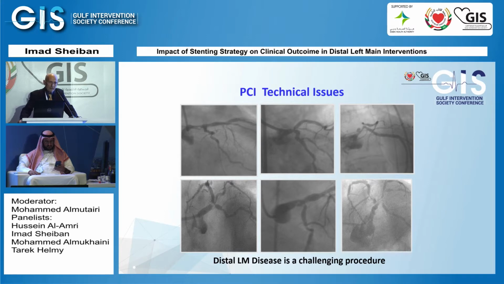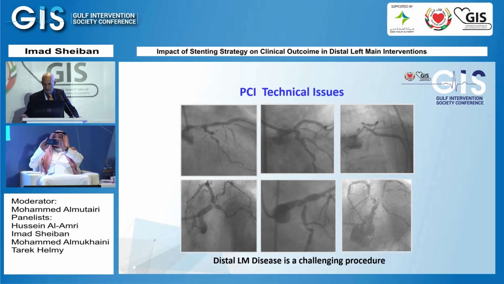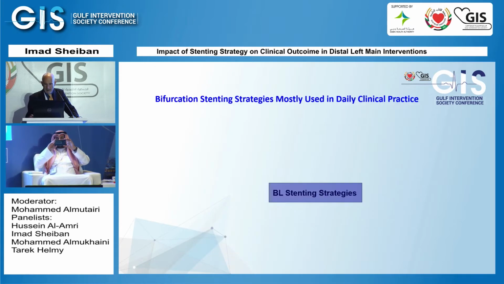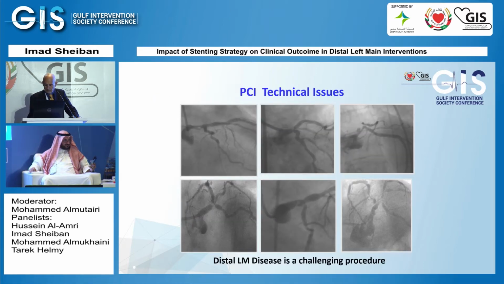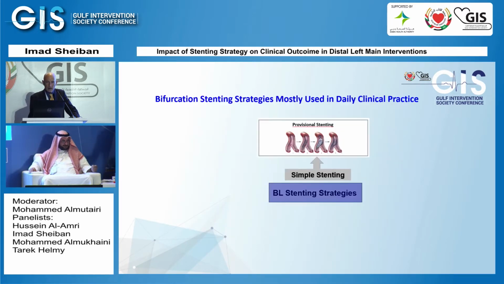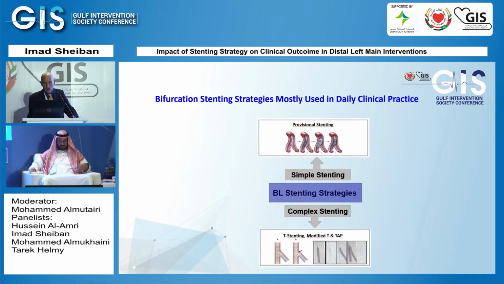Now, in technical issues in distal left main, we can see that there are various scenarios in distal left main disease, and we have really different strategies for stenting in distal left main, starting from provisional stenting, that means simple stenting, going to more complex techniques.